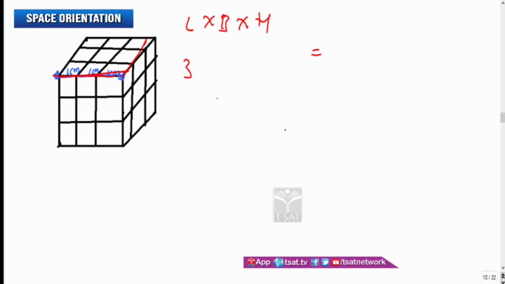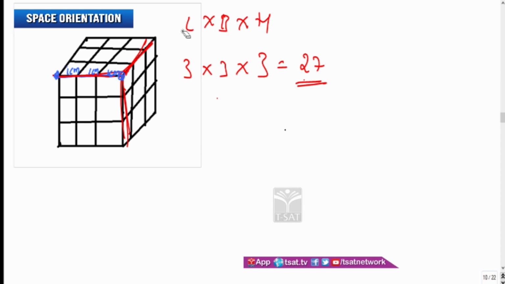In breadth, again 3. In height, again 3. So you just multiply, 3 into 3 into 3, that is a total of 27 small cubes. So whenever a cube of 3 centimeter size is cut into 1 centimeter, 3 into 3 into 3, a total of 27 small cubes are possible.